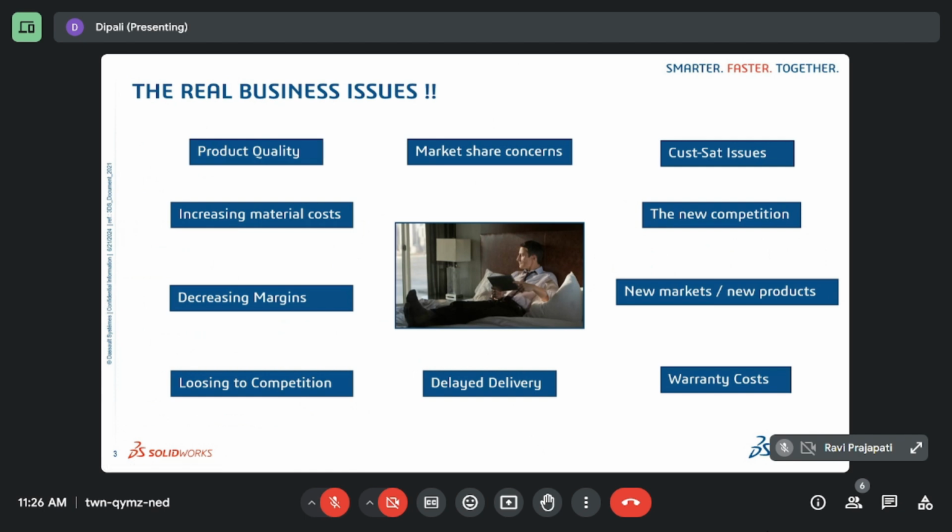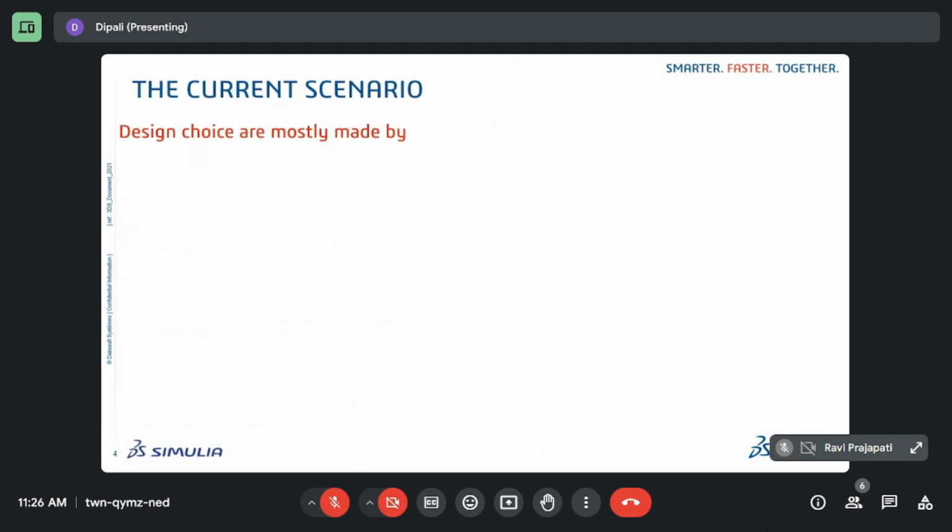Why is this happening? Because most of the design choices are made by either gut feeling, or say the experience of a design engineer, or say an analytical approach, that is hand calculations, or say an experimental approach, that is prototyping.